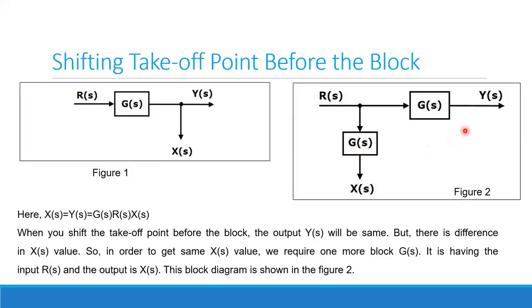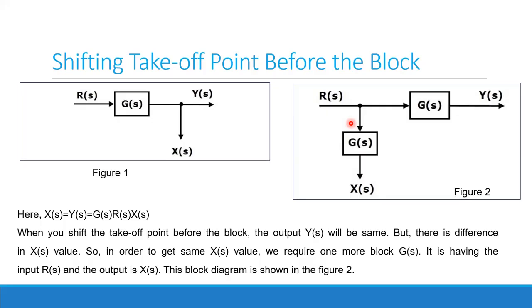Okay, similarly Y(s) will remain same as R(s) into G(s), so there is no impact on the output, and we have kept the reference input similar to the original one. Okay, just we have added one block and we have shifted the takeoff point before the block.